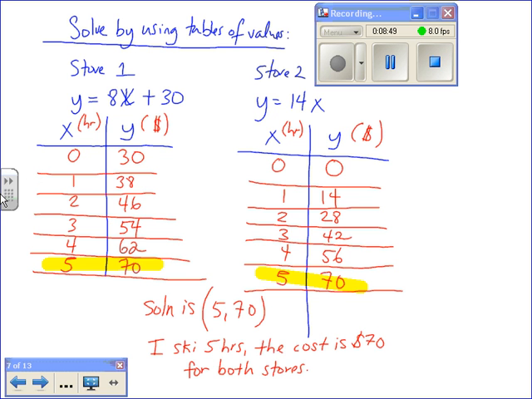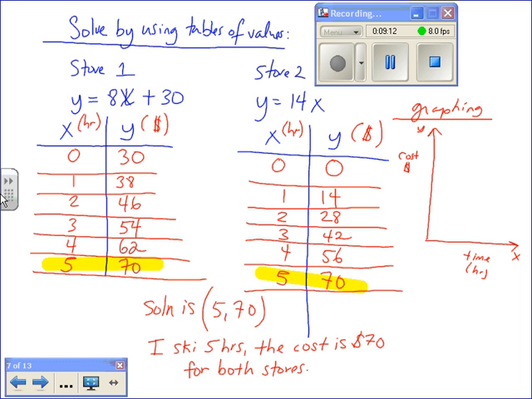Just so you know, if you did graph this, you would have graphed y, which will be cost in dollars, against time in hours, x.